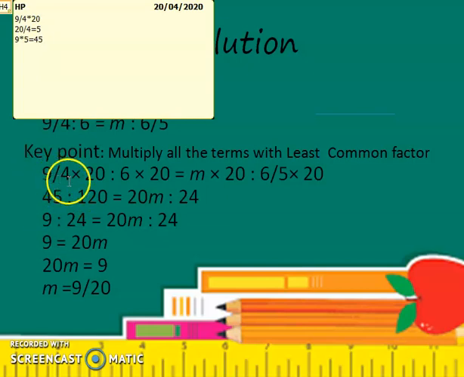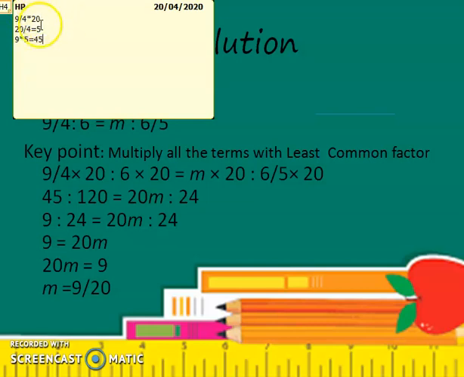I am just repeating it again: 9 by 4 multiplied by 20 means this 20 can be multiplied with 9, or the shortcut is that I can also divide this 20 by the denominator if it is perfectly divisible.